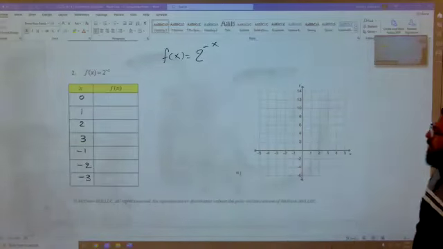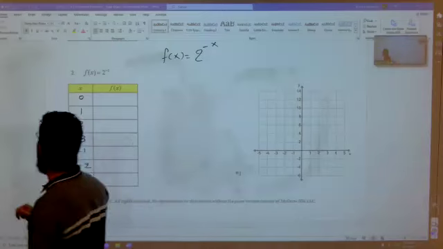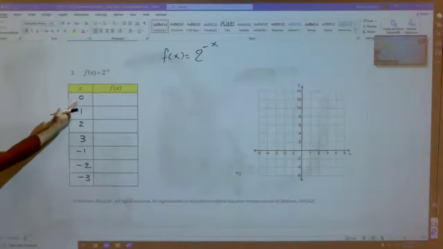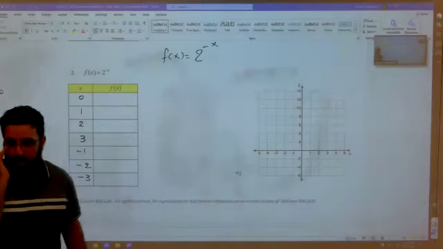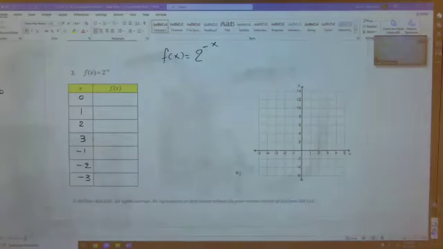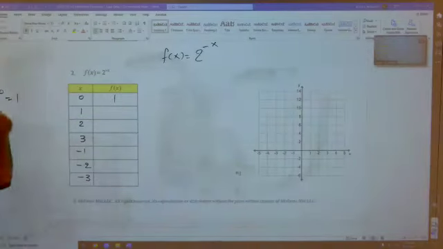So now, plug in the 0. Let's do it here on the side. So when x equals 0, plug in 0 here. 2 to the 0. Don't say 2 to the -0, because there is no -0. So 2 to the 0 equals what? 1, always. Any number with exponent 0 is going to be 1.